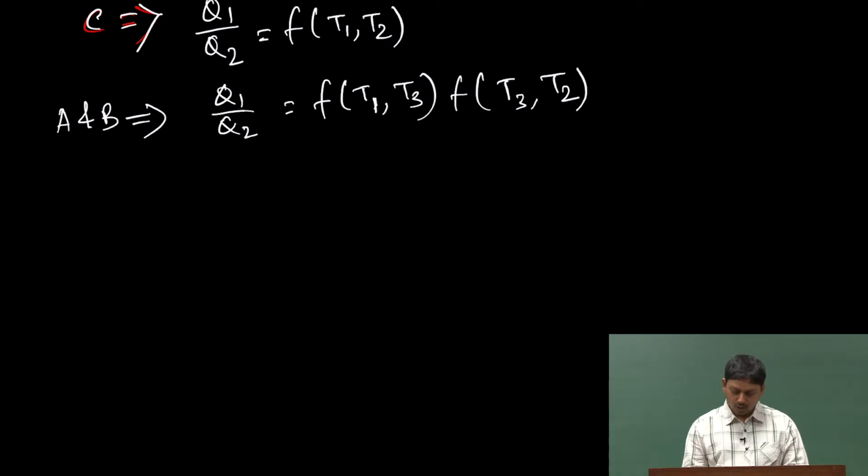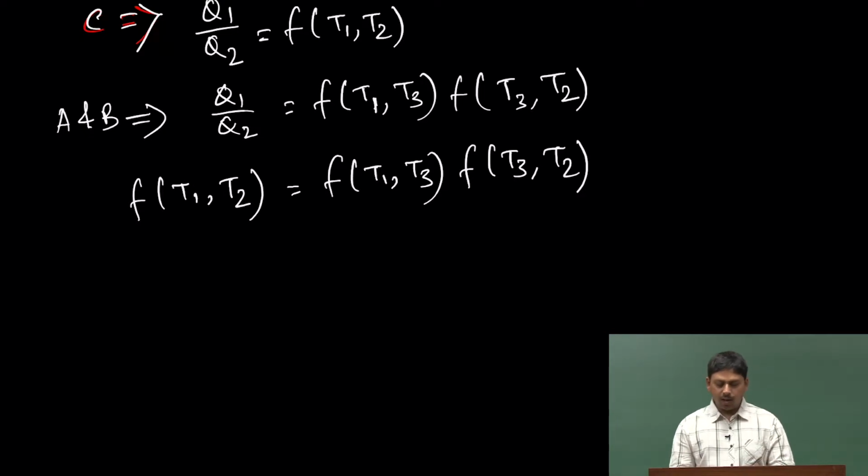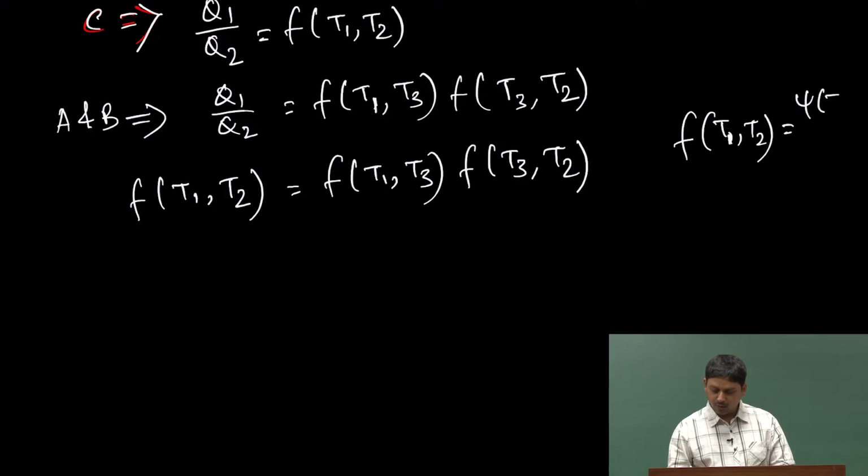Okay. So, equating these two we get F T 1 T 2 is a product of F T 1 T 3 F T 3 T 2. Now, you see somehow this product of these functions is dropping out here, even though we have introduced a temperature, and that is possible if this function of any two temperatures is a ratio of function of these two temperatures separately.